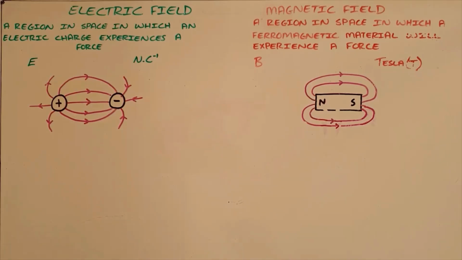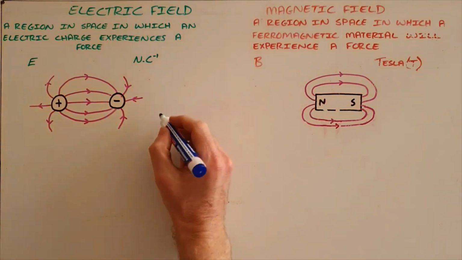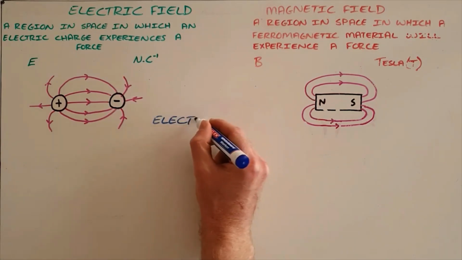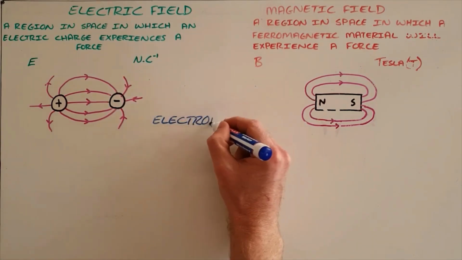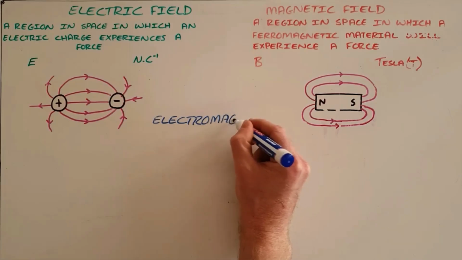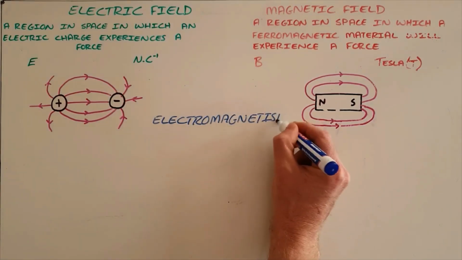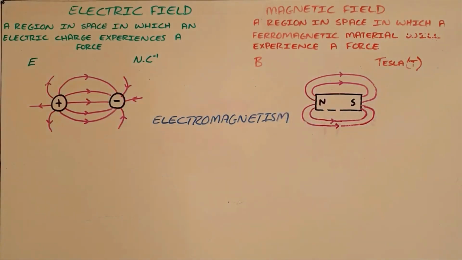What is important to realize is that these two fields are actually two sides of the same coin, and that coin is called electromagnetism, where electromagnetism essentially explains the idea that the electric and magnetic field are related to each other in a very simple way.